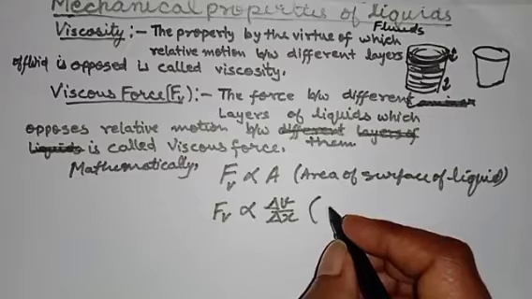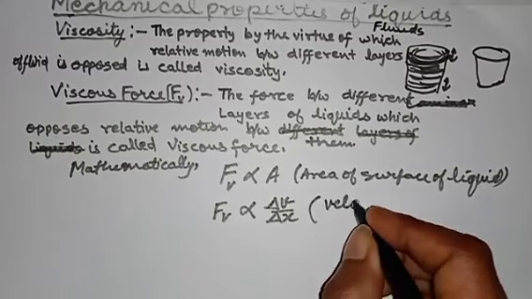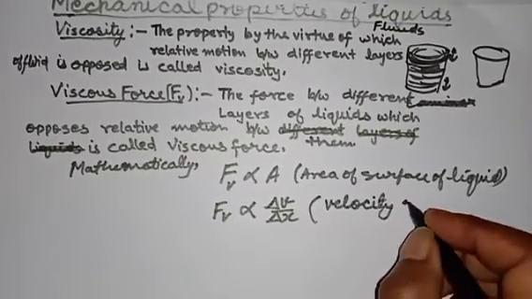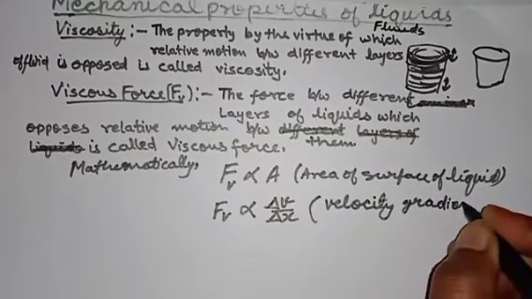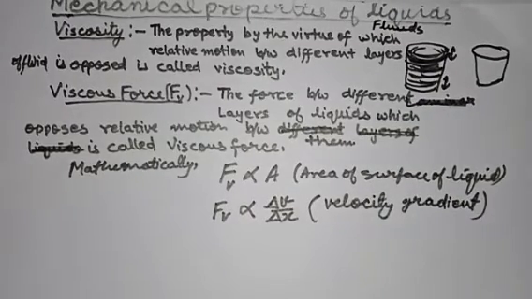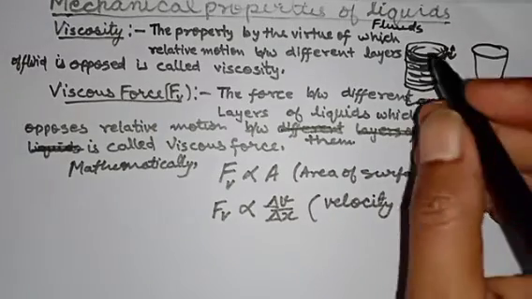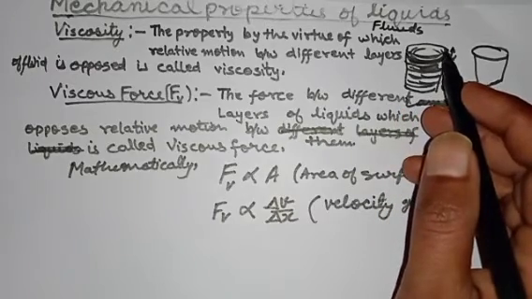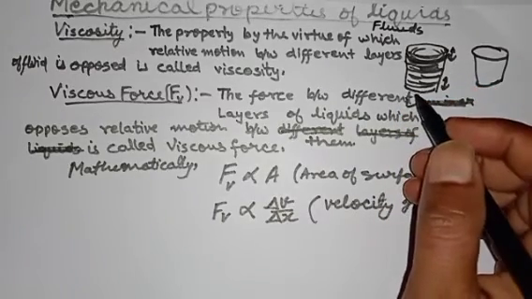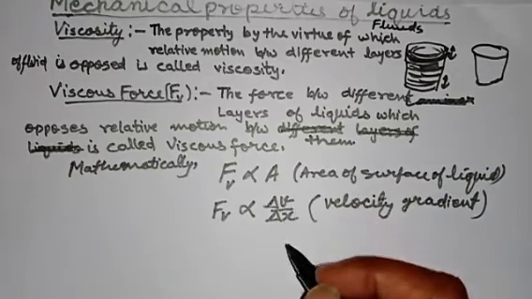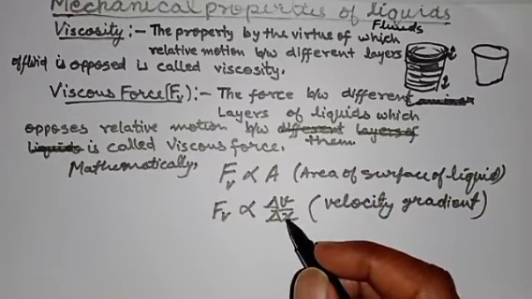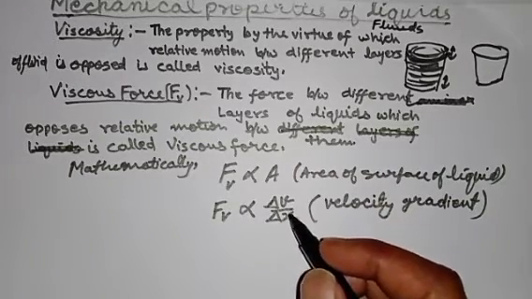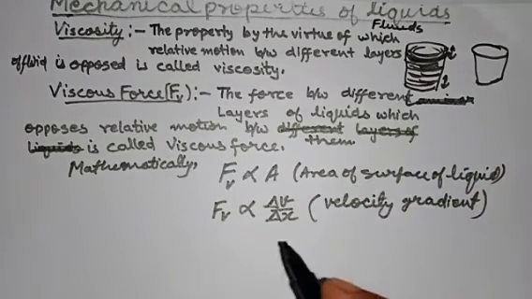Here delta V by delta X is called velocity gradient. It means change in velocity with respect to distance. In different layers, velocity in the topmost layer is highest, then it goes on decreasing. So delta V by delta X explains how velocity decreases with depth going downward.